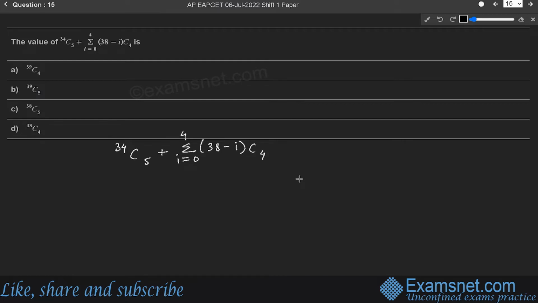So further it can be written as 34C5 plus 38C4 plus 37C4, because 38 minus 1 is 37. Again 36C4 plus 35C4 plus 34C4.